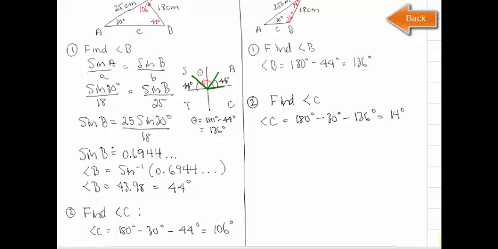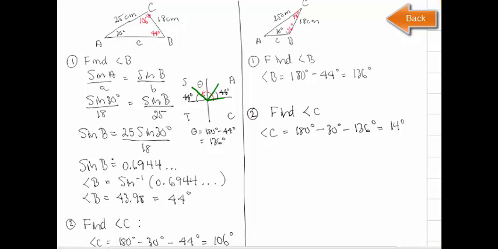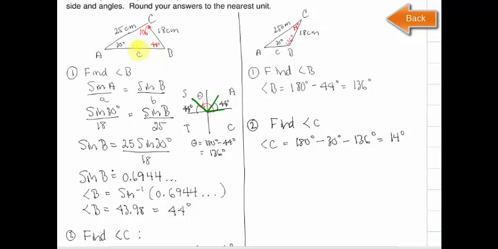Okay, so now on both triangles I'm going to find side C. Alright, now I already have angle A and its opposite side and angle B and its opposite side, so I can use either sine A over A or sine B over B to get side C. So I will use the sine A over A on this triangle, and I'll use sine B over B on this triangle, and just show you that you'll get the same results.